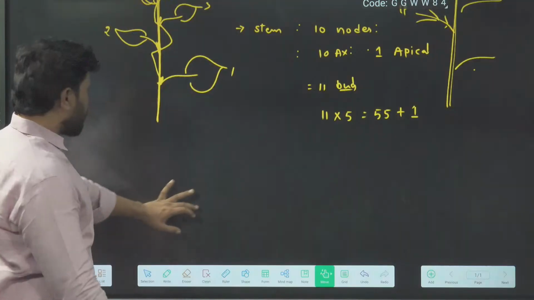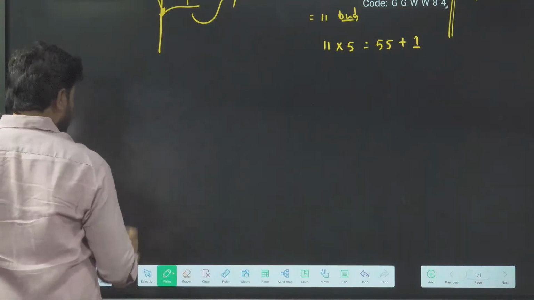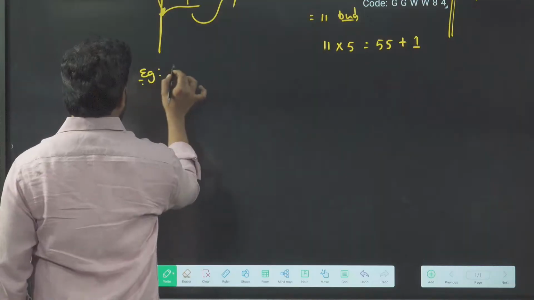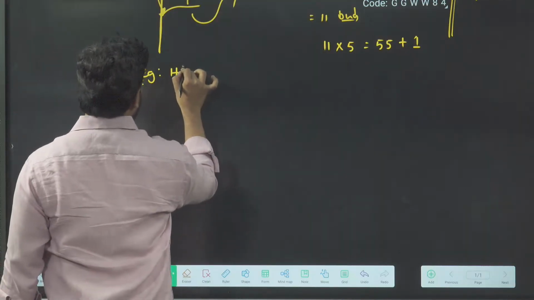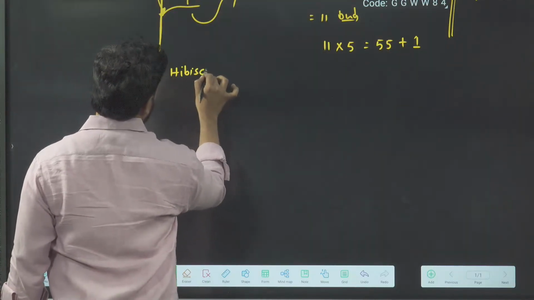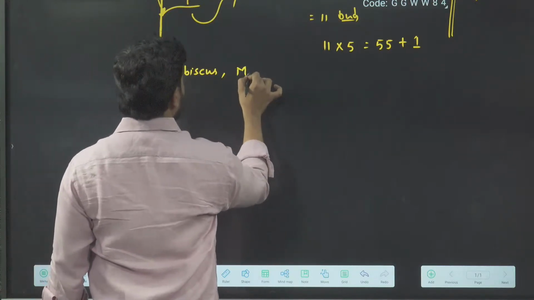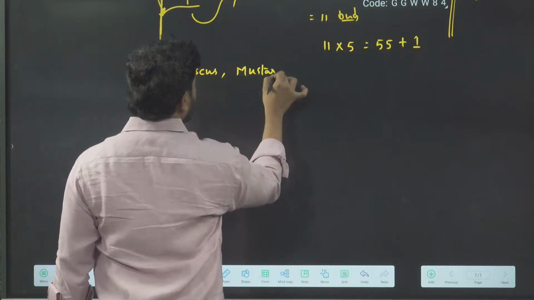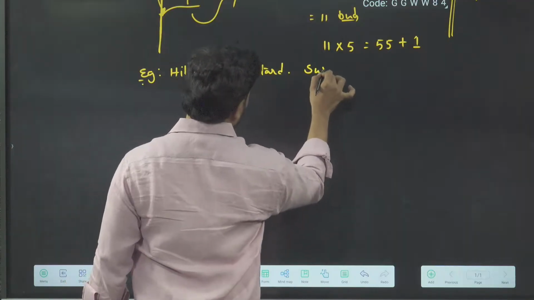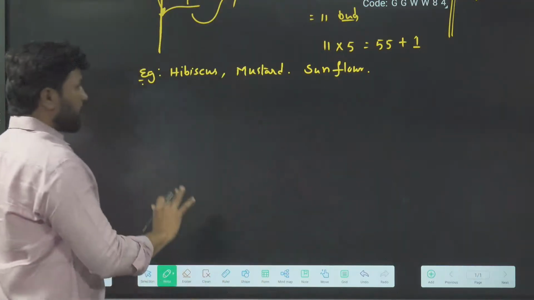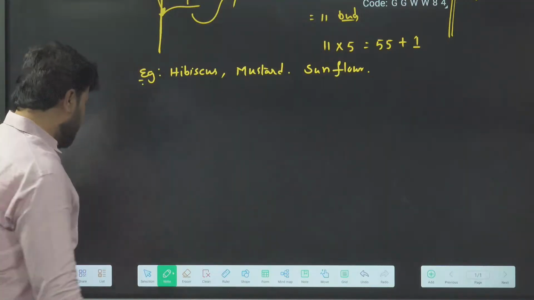The best examples also you need to mention: hibiscus, that is China rose, mustard, sunflower. I will show you some of them. They all have alternate phyllotaxy.